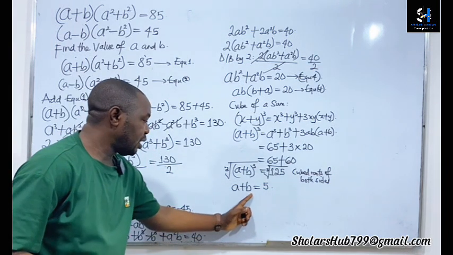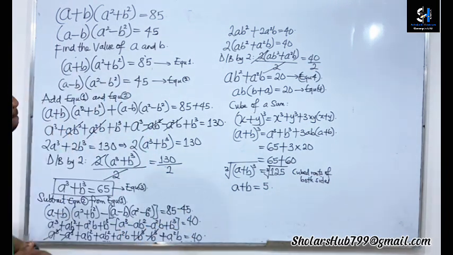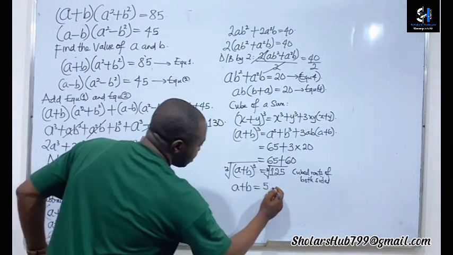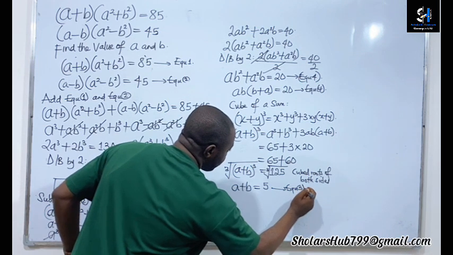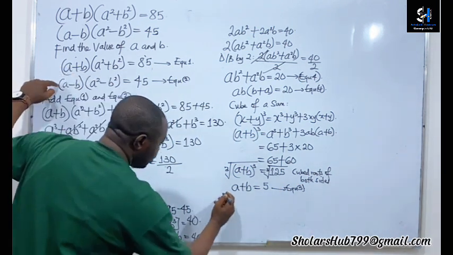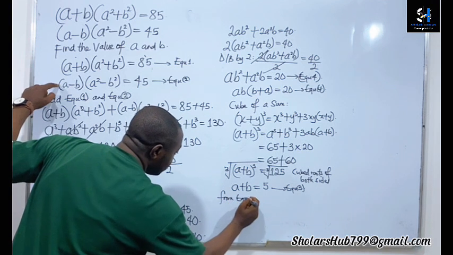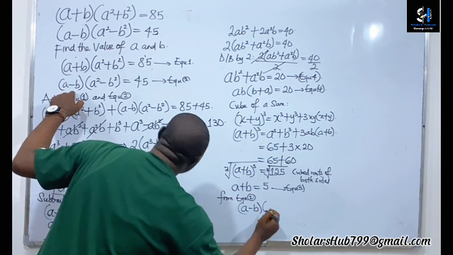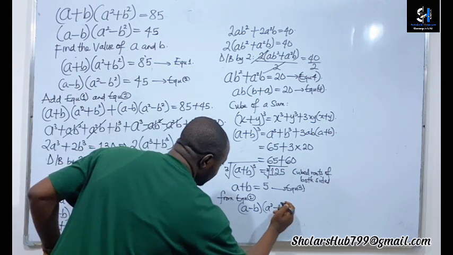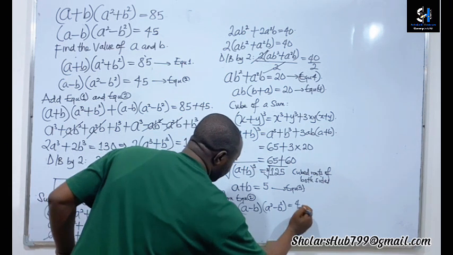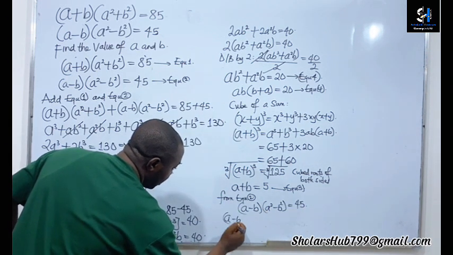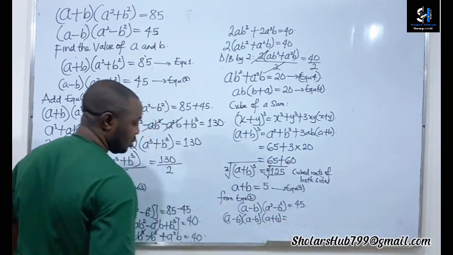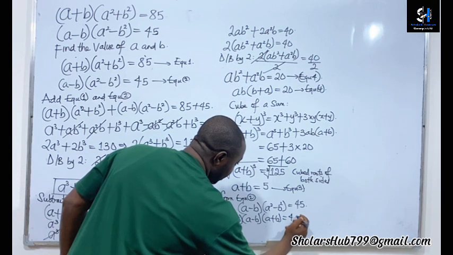So we have the sum of a and b to be 5. Let's call this equation 5. Now from equation 2, we know the product of a minus b and the difference of the squares of a and b equals 45. This is the same as (a - b) multiplied by (a - b), then multiplied by (a + b), which equals 45.